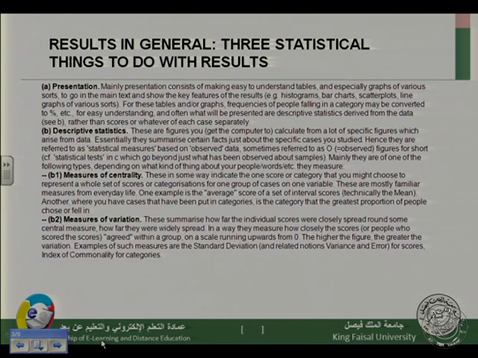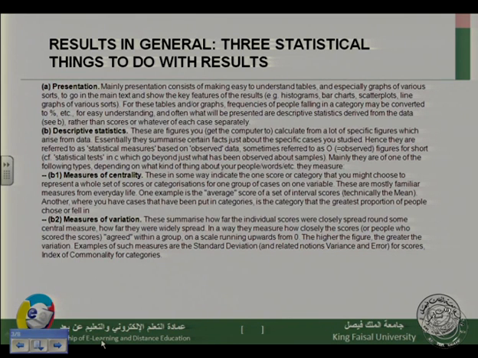Mainly presentation consists of making easy to understand tables and especially graphs of various sorts to go in the main text and show the key features of the results. Yes, in results, you try to make things very easy for the reader, especially if you are going to use tables and graphs. You need to explain these tables and graphs.